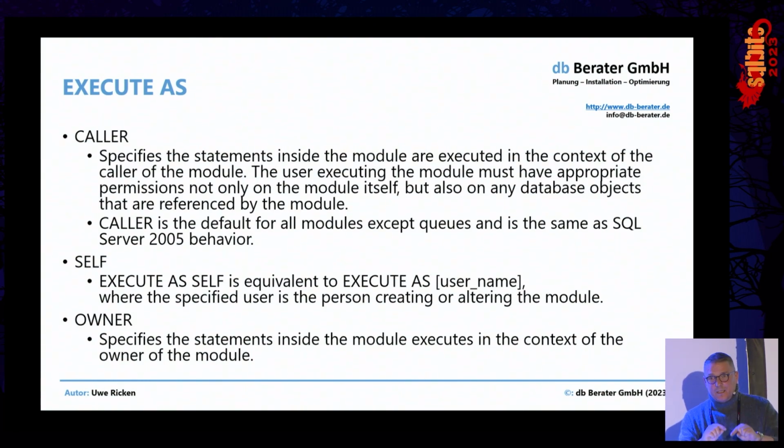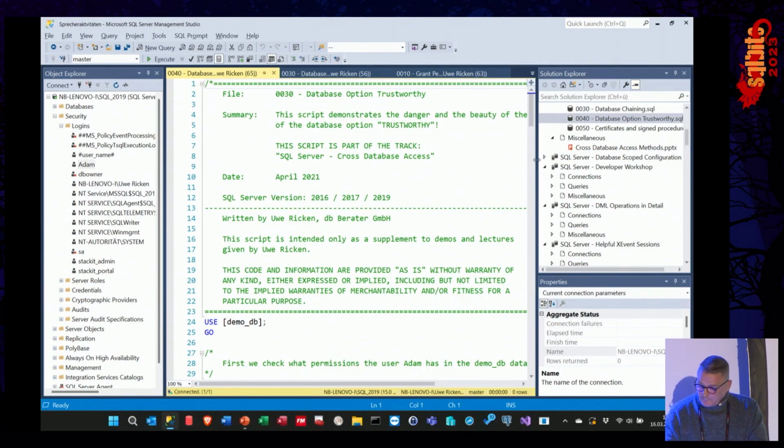So that means when you run it with EXECUTE AS OWNER, then all the code gets executed in the context of the DBO. And now think about what I said before. If I'm a developer, I create a stored procedure with EXECUTE AS OWNER, and then I run some funny things against the SQL Server, it will work when the database is trustworthy. Very heavy.